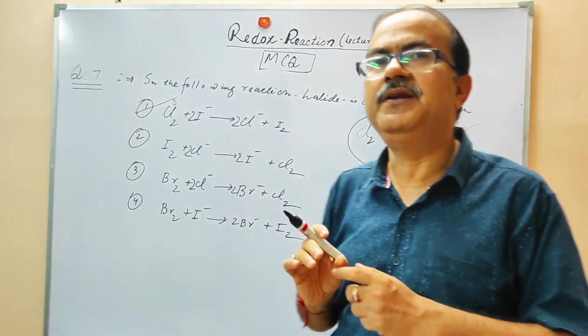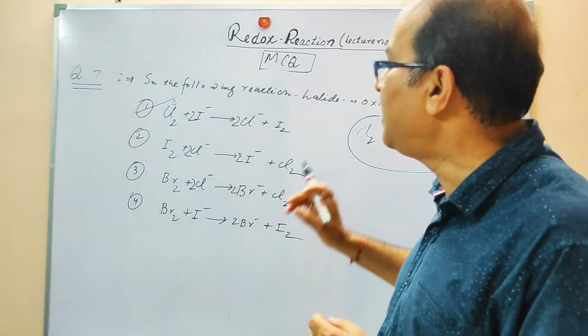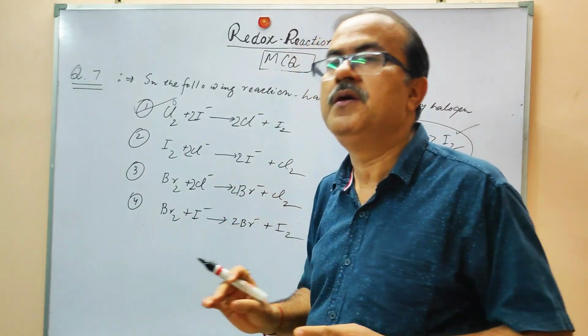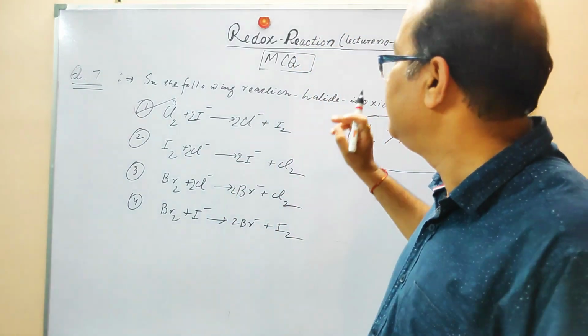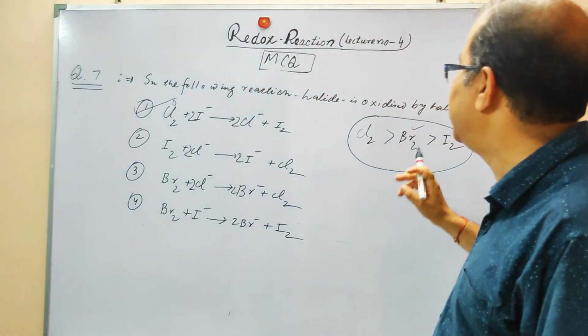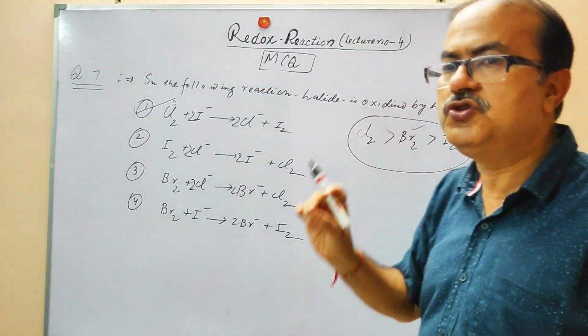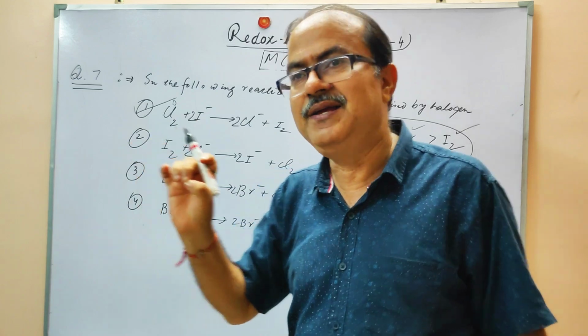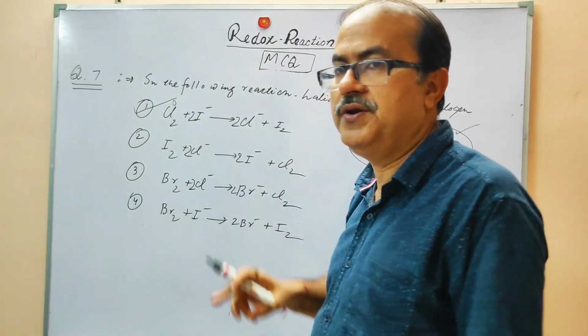It has a higher capability to oxidize than iodine or bromine. So the answer to which halogen oxidizes the halides will be chlorine.